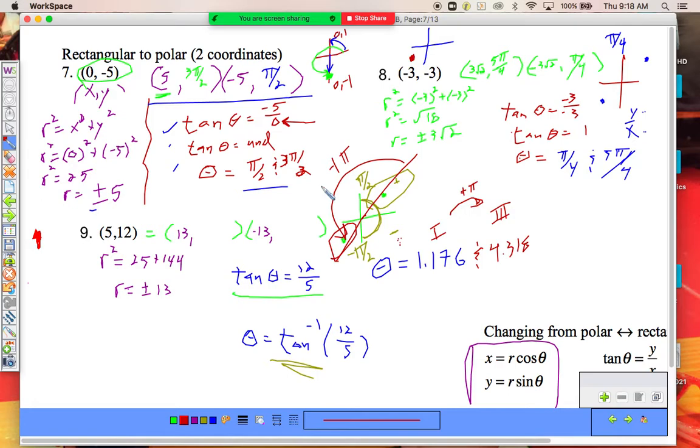All right, so since the angle I want is in the first quadrant, I'm going to use 1.176. And then my negative distance, I need to be in the third, and I've used 4.318.